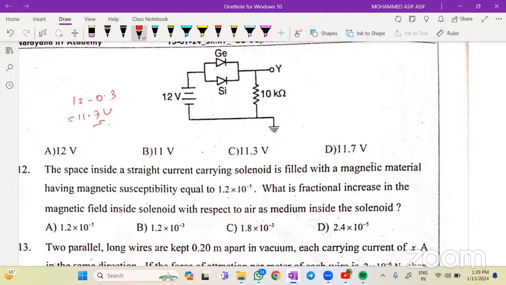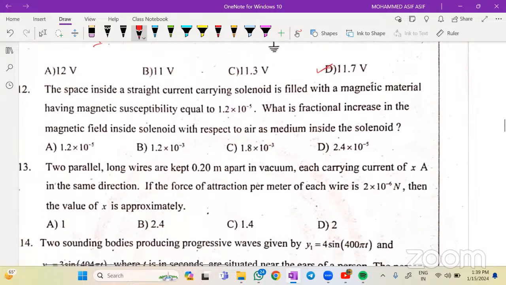Both are connected in parallel, so when current flows, the potential difference remains 0.3 volt only, so no current will flow through the silicon diode. So the potential difference across the resistive load will be 12 minus 0.3, that is 11.7, and D will be the answer for this.